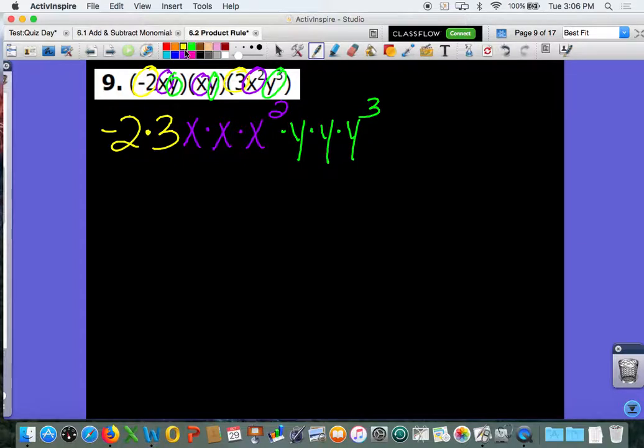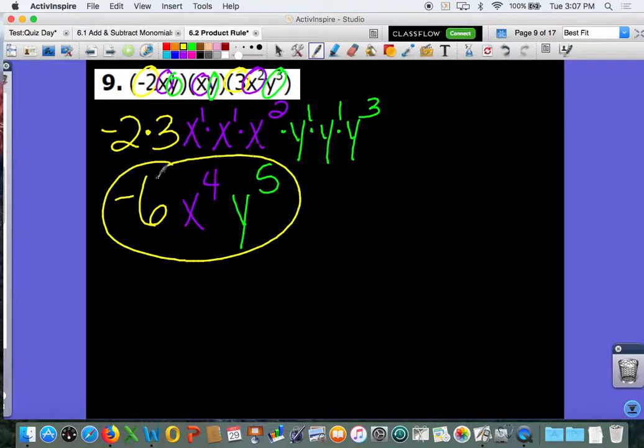I know that -2 times 3 is -6. I know that there's an invisible 1 on these two x's, so it's actually 1 plus 1 plus 2, so it's x to the 4. I know that there's an invisible 1 on the y's, so it's 1 plus 1 plus 3, so it's y to the 5th. And voila, I'm done. That's my final answer.